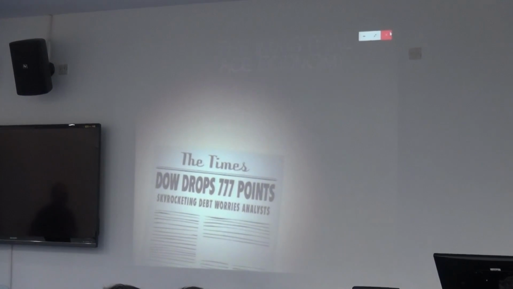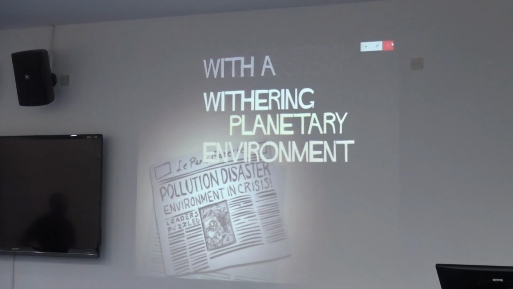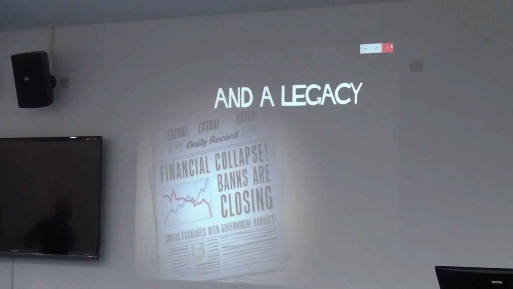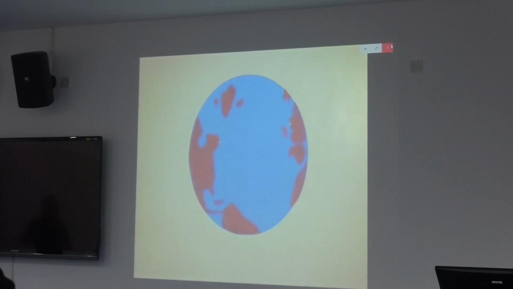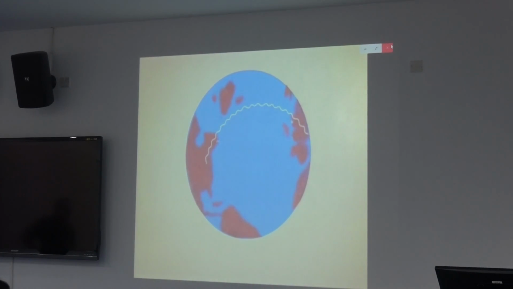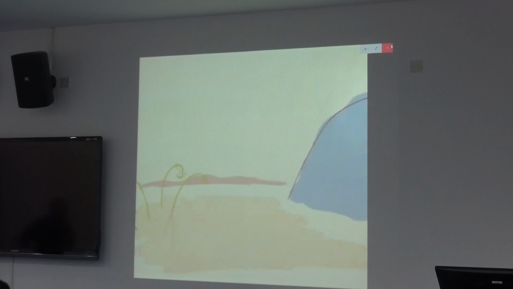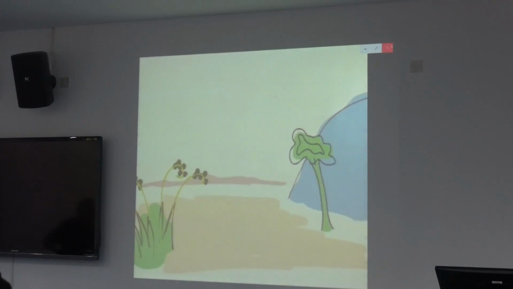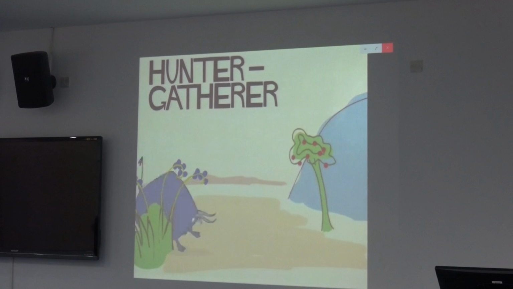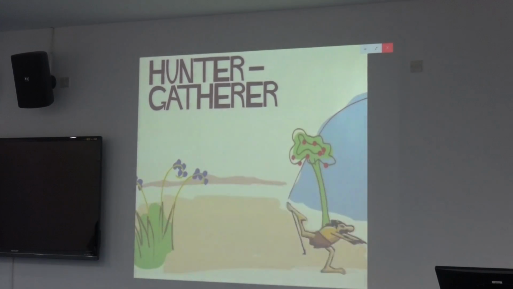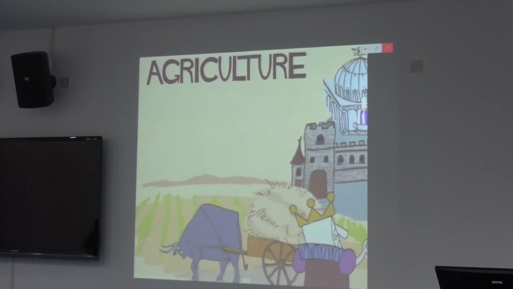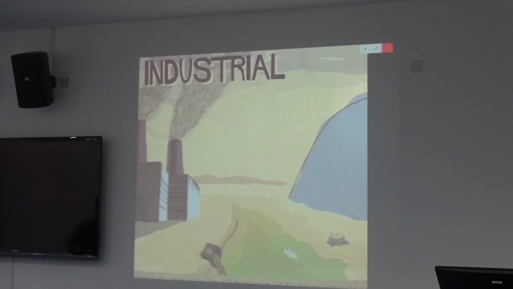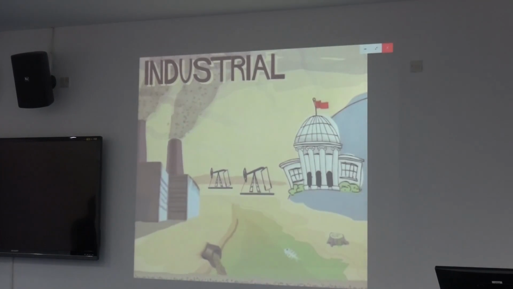Mankind struggles with an industrial age economic model that has left us with a withering planetary environment and a legacy of debt. This is changing as we transition into the information age. Economic models change from the wilderness age of hunters and gatherers to the agricultural age of serfs, kings, and clergy. The printing press brought the industrial age of factories, fossil fuels, and nation states.